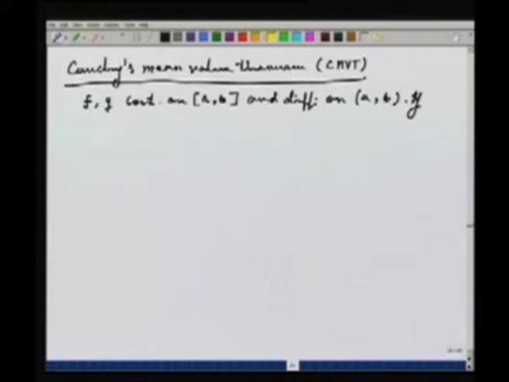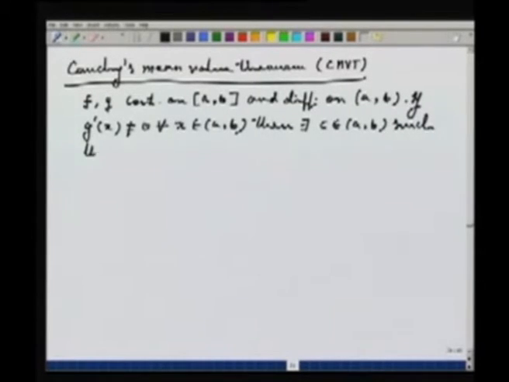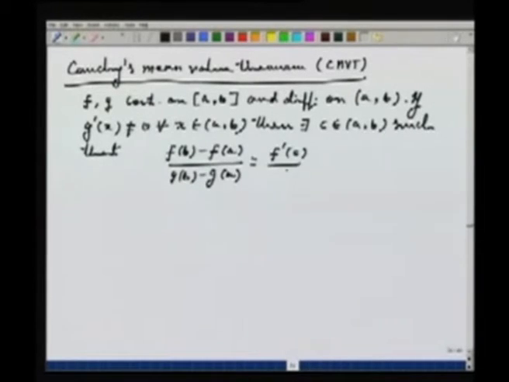If g prime x is non-zero for all x in the open interval AB, then Cauchy's mean value theorem says that there exists a c in the open interval AB such that (f(b) minus f(a)) by (g(b) minus g(a)) equals f prime c divided by g prime c.